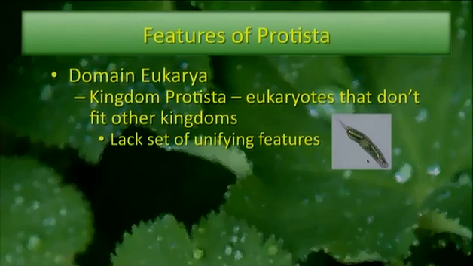They just put organisms in the kingdom protista that don't fit anyplace else. Many of these protistans are unicellular, but not all of them. Unicellular organisms are organisms that are composed of a single cell that makes the entire organism.